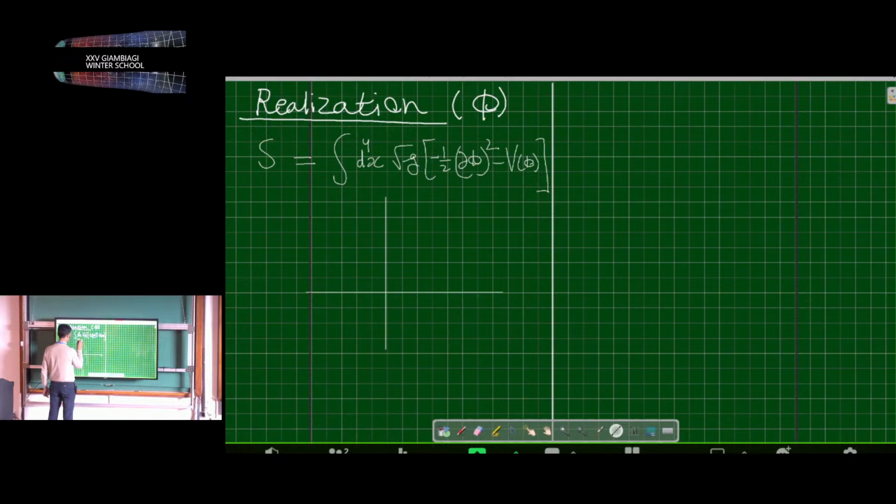We have V of phi like this, and our scalar field is just trapped here at the bottom of this potential. So phi dot is equal to 0. Naively, this achieves what we want.